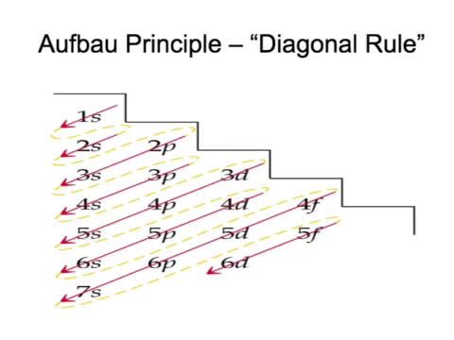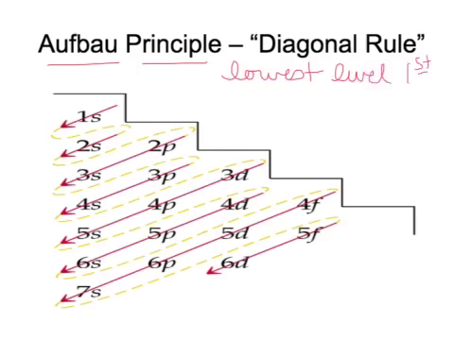Okay, here's just another diagram for how you can possibly remember how they fill up. It's called the Aufbau principle. The Aufbau principle says that you fill the lowest levels first, and then we move up to the higher levels. So that means we fill the 1s, and then we come around and we fill the 2s.